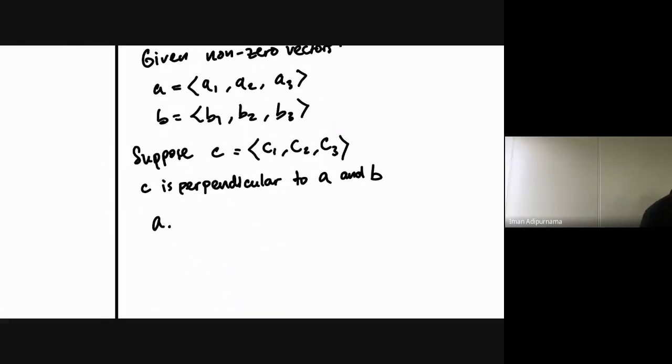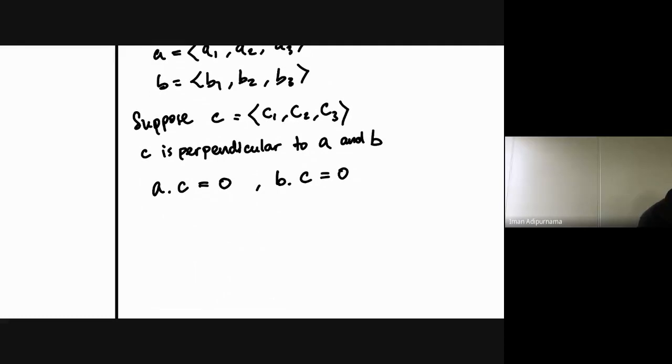A dot C is equal to 0, and B dot C is also 0. So first, that's our definition and assumption. Now let's make some calculations and confirm all the conditions.